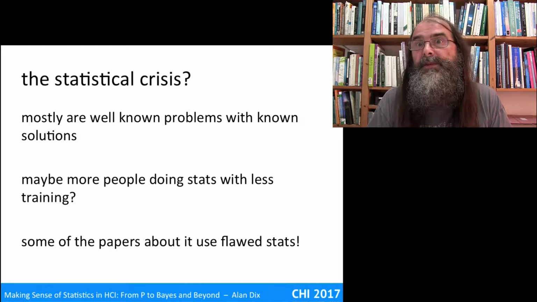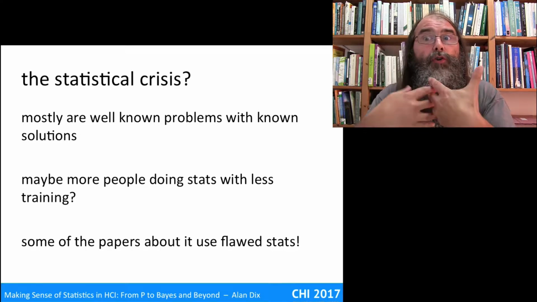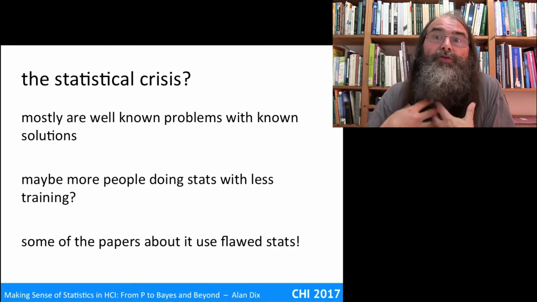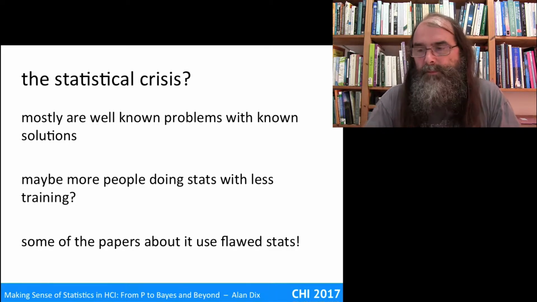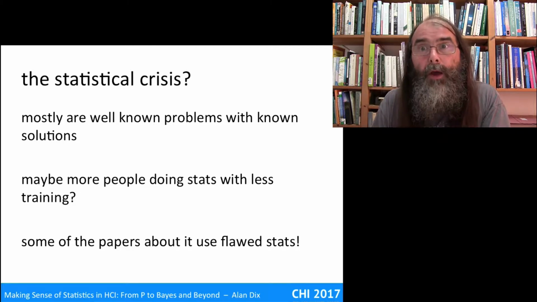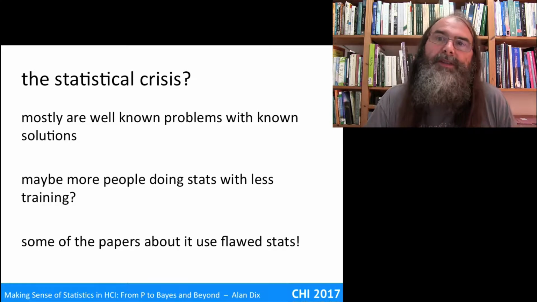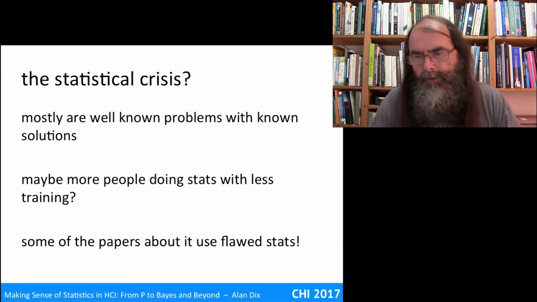So there are real problems, if you're not careful, of both creating flawed statistics, but also that the statistics you're trusting themselves have problems. But as I said, most of these are well-known problems with well-known solutions. But they're coming to the fore, I think, as people become more aware of them.